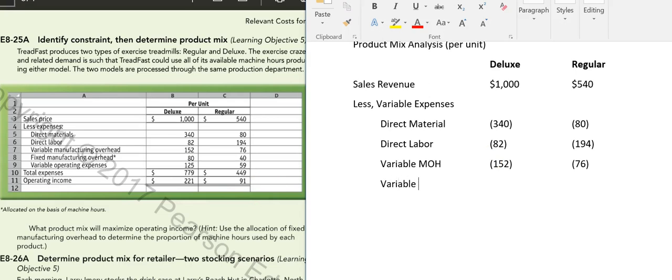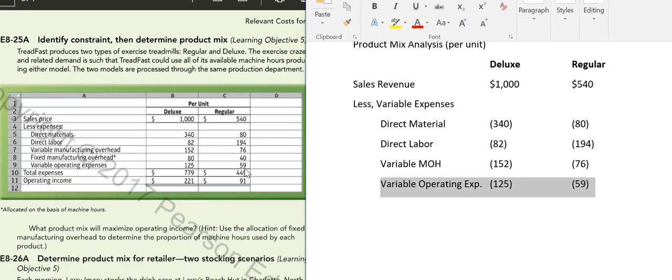Variable operating expense for the deluxe one is $125 and for the regular one is $59.